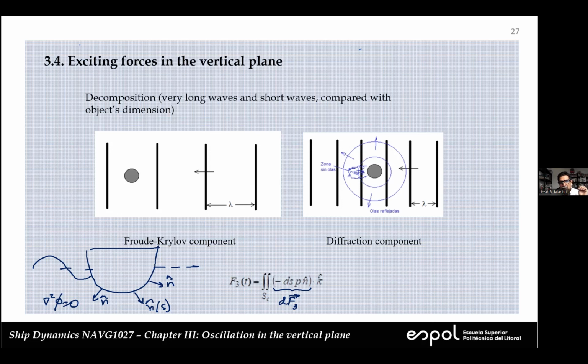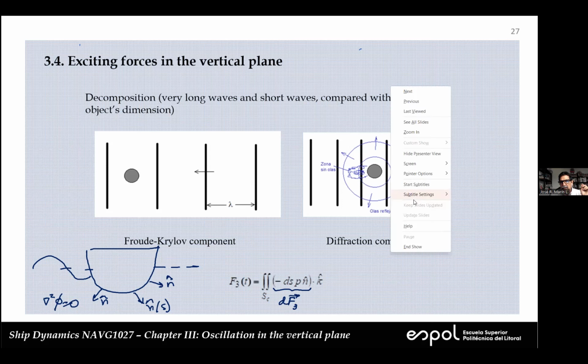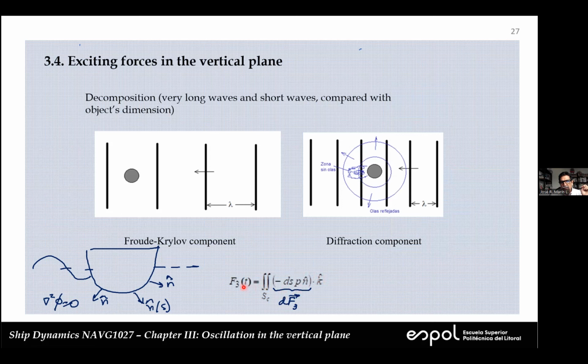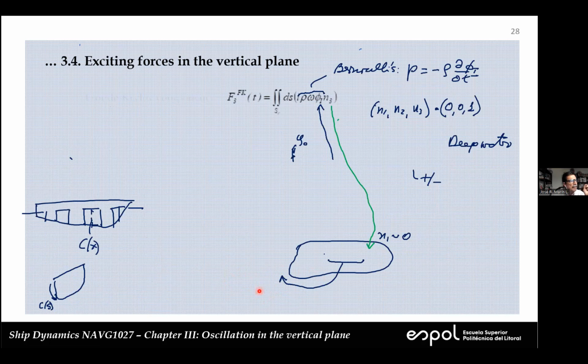And then what we do is we take the dot product with k. k is the unit normal in the upward direction, okay? That's this one here. So the result is just the component in the vertical direction. That's what we're looking for. We integrate that over the whole surface, okay?